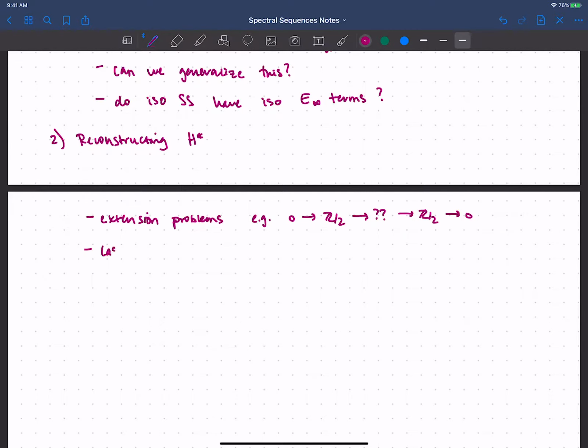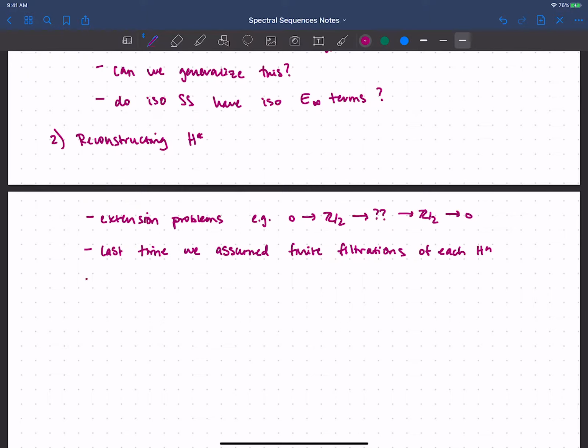So what do I mean by that? Well, last time when we were working with convergence and starting to talk about this, we assumed that we had finite filtrations of our cohomology module, so of each H^n.